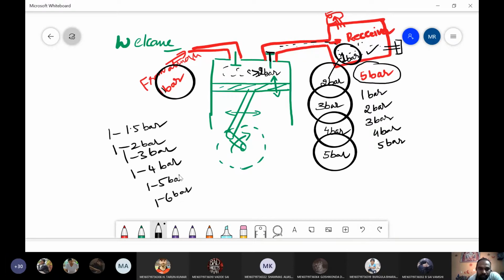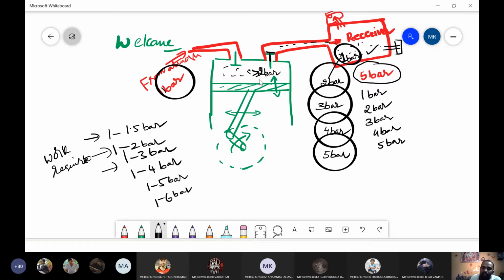Now if you see, is the work required by the compressor the same for all these cases? No, the work required will be increasing with increase in the pressure of the receiver air. Is it clear what I mean to say?